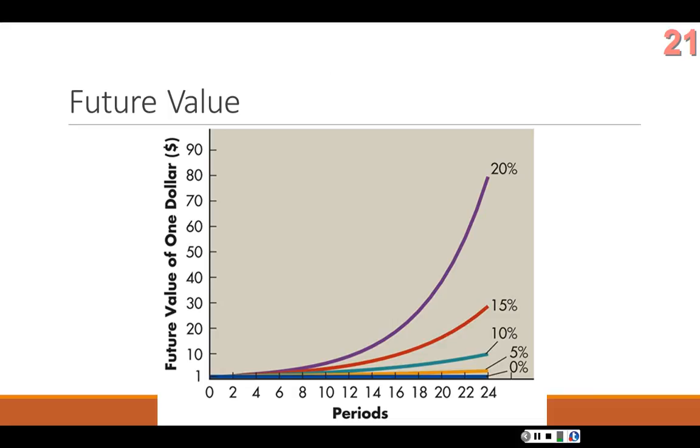So here's a picture of compounding. If we deposit $1 today and we leave it in the bank at varying interest rates, this is how much we'll have. You see that this is the idea of compounding. As the periods increase, the money starts to grow at a faster and faster rate, and that's because the interest that your money has earned is now earning interest.